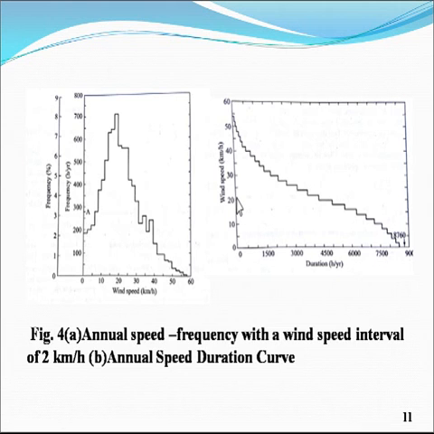Then 20 kilometer per hour speed is available for 4500 hours, and 10 kilometer per hour speed is available for 7500 hours out of 8760 in a year.